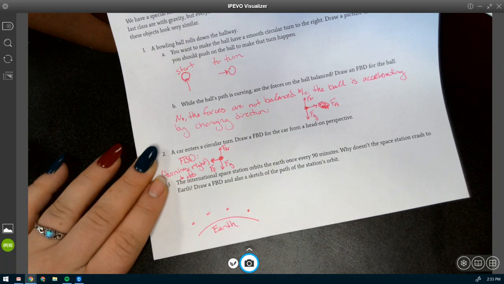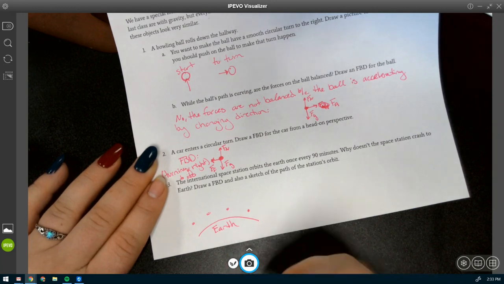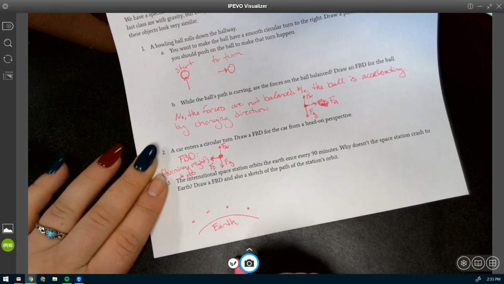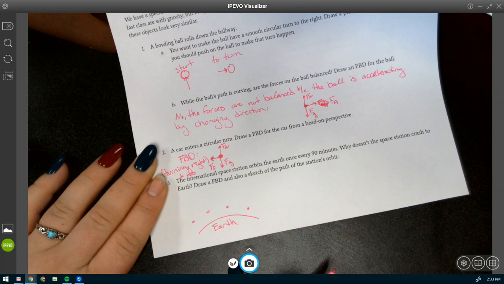At all points, what is the only force acting on this satellite? It's just gravity. And gravity always points towards the center of an object. And so the center of Earth is unfortunately probably down here with the radius that I've drawn.